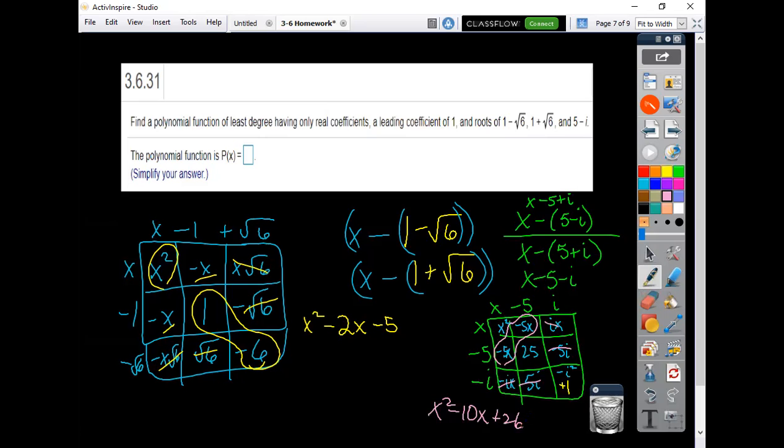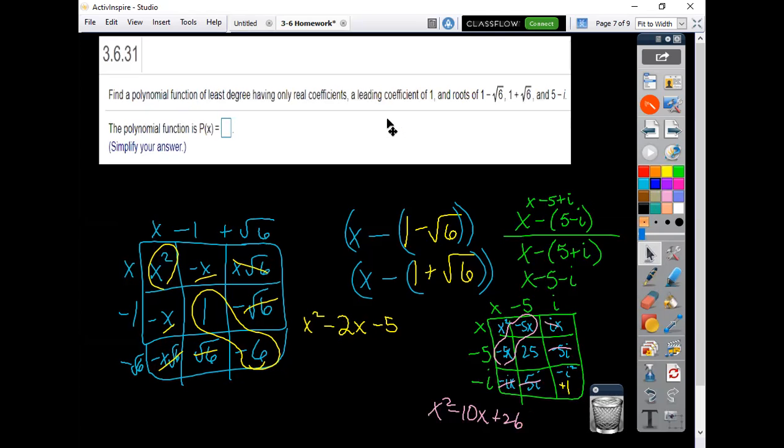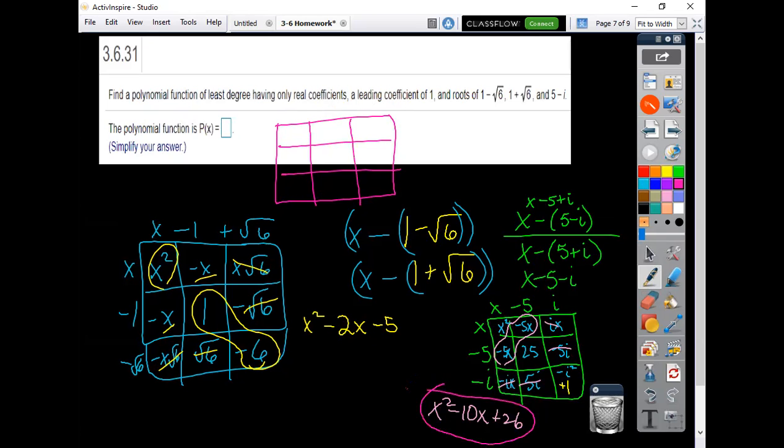So in this book, you're still going to have to take it to the next step, which is multiplying out our two trinomials that we have, the x squared minus 10x plus 26, and my x squared minus 2x minus 5, giving me an x cubed, a negative 10x, wait a minute, this must need a squared on it. So this is a fourth.